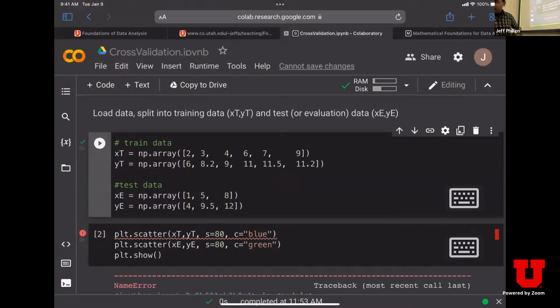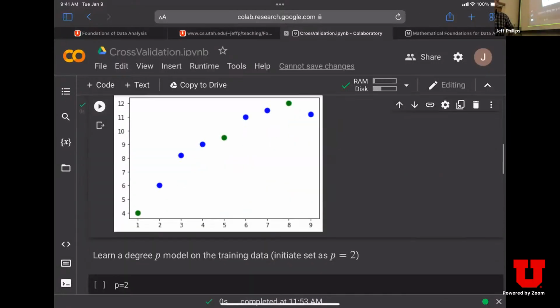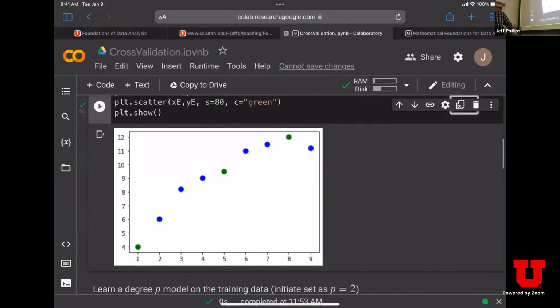Okay, I need to do this one first, and then I'm going to plot these here. The training data was in blue, and the testing data is in green. I'll fit models that try to do well on the blue data, and I'm hoping it will also do well on the green data.